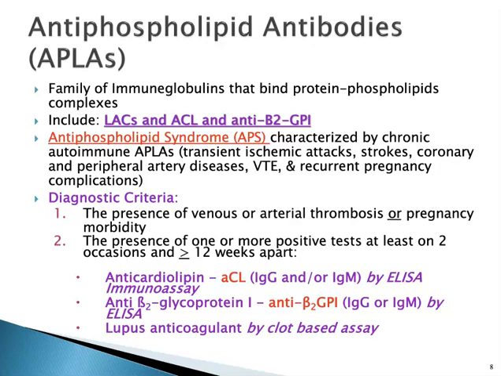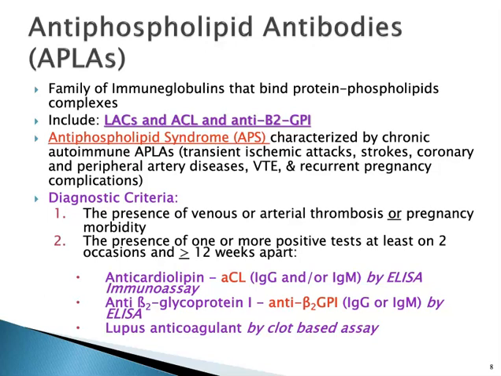There is also a diagnostic criteria. And so we diagnose the antiphospholipid antibodies when there is 1, the presence of venous or arterial thrombosis or pregnancy morbidity, and 2, the presence of 1 or more positive tests at least on 2 occasions, and they are 12 or more weeks apart.